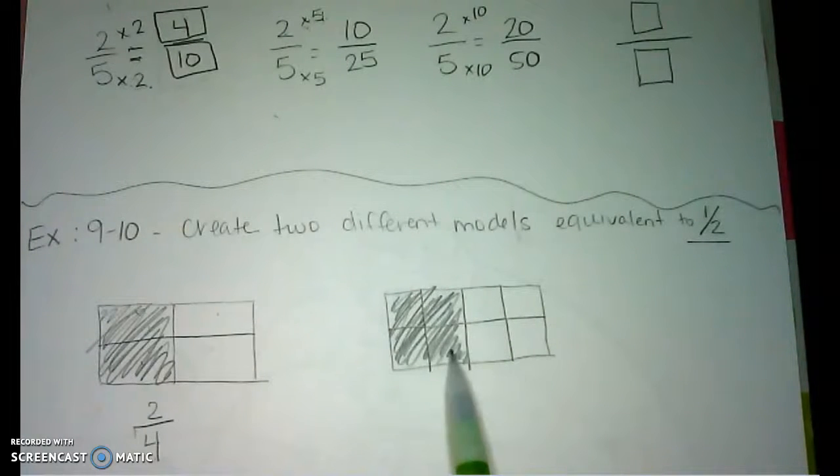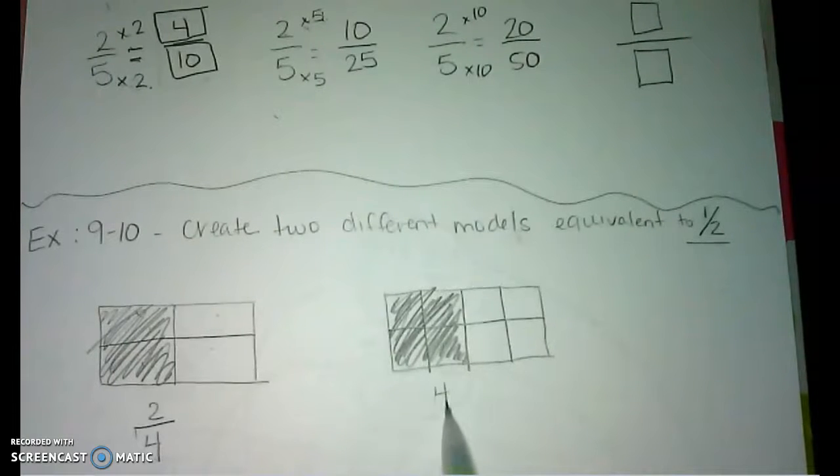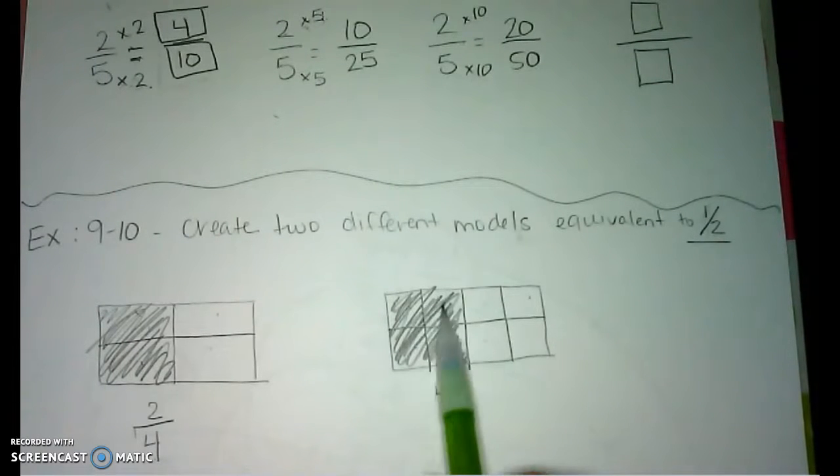Now I have another equivalent fraction. 1, 2, 3, 4 shaded pieces out of 1, 2, 3, 4, 5, 6, 7, 8 whole pieces.